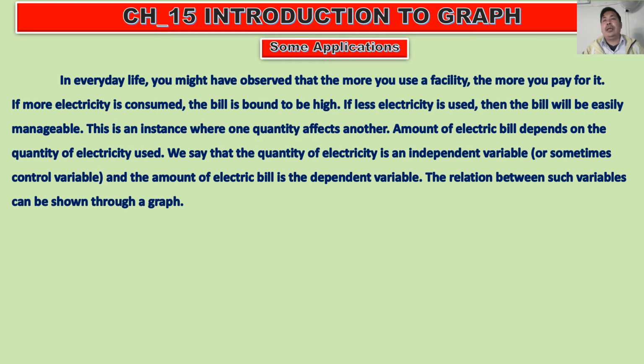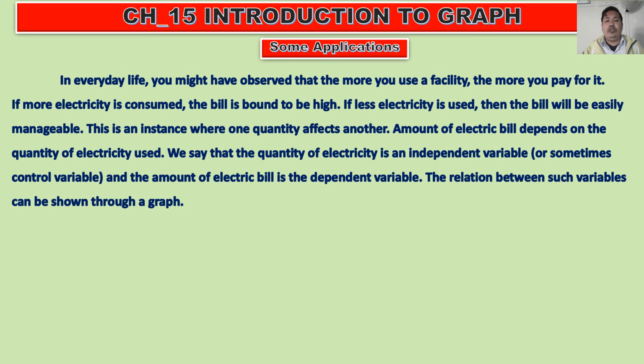But the bill or the price, that is, the amount to be paid at the end of the day or the month, depends on how much electricity we consume, or how much sugar or rice we bought from the market, isn't it?